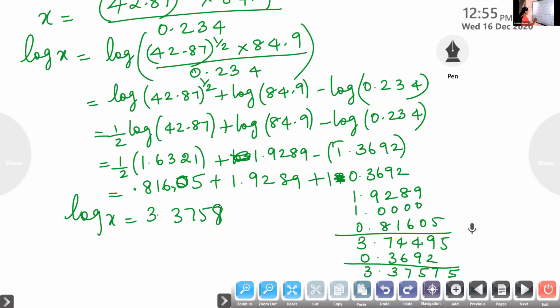Now, what is x? x is antilog of 3.3758. Now you take the antilog. 3758 antilog.